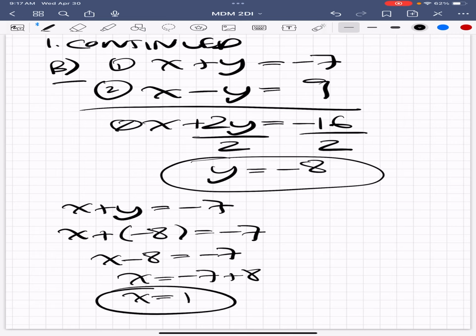So we followed order of operations to calculate the value of x, and this value of x is the x coordinate of the point of intersection, and now we're going to do a therefore statement.